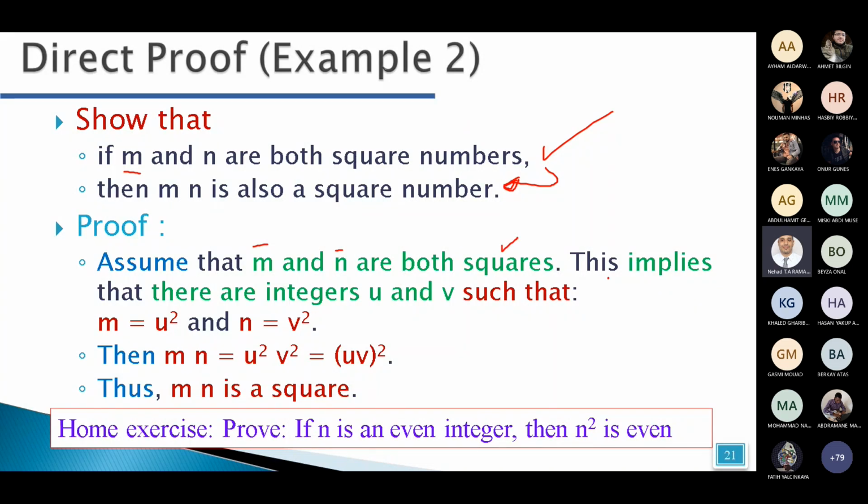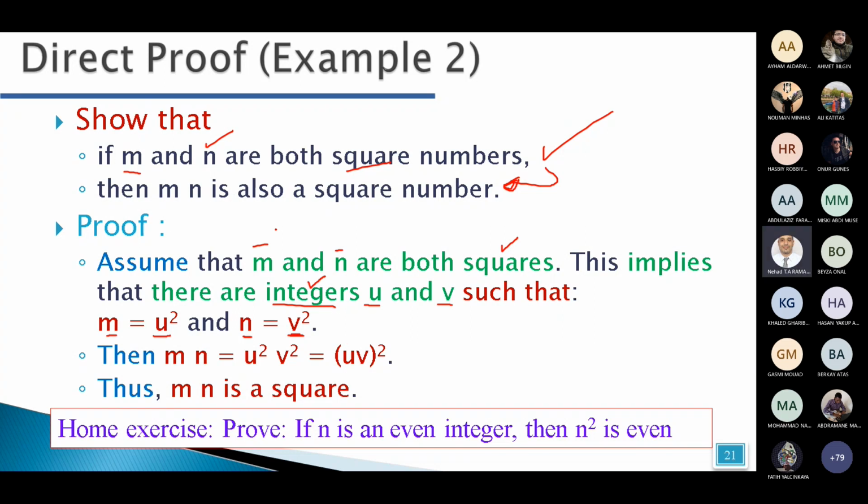If they are both square, then there exist integer numbers u and v. Integer number means a number without a fraction. So m equals u to the power 2, n equals v to the power 2. There exists an integer u whose square equals m, because m is a square number, and there exists a number v whose square equals n, because n is a square number.